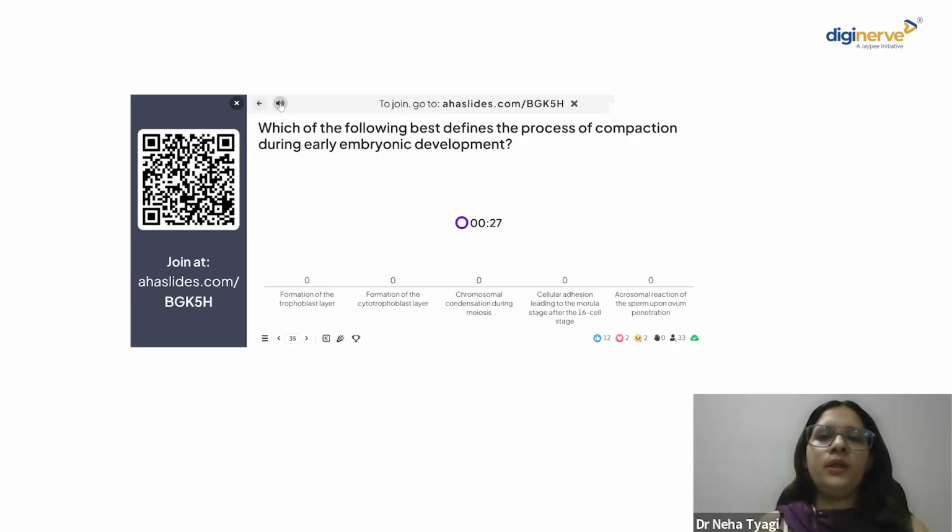Which of the following best defines the process of compaction during early embryonic development?